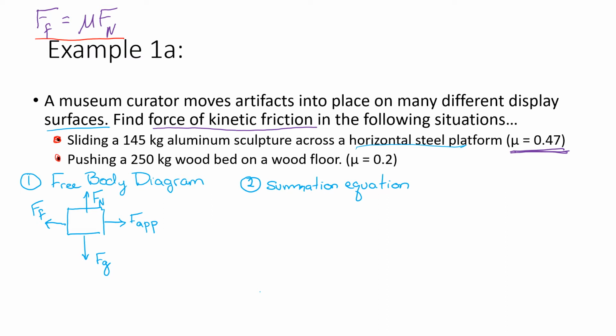But I'm just pointing out, hey, we can skip a step here. So all we need is the y summation equation because we need to know about the normal force. And we just have the normal force minus the force of gravity. What's our third step?